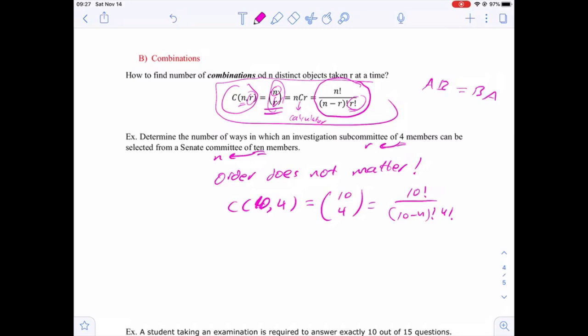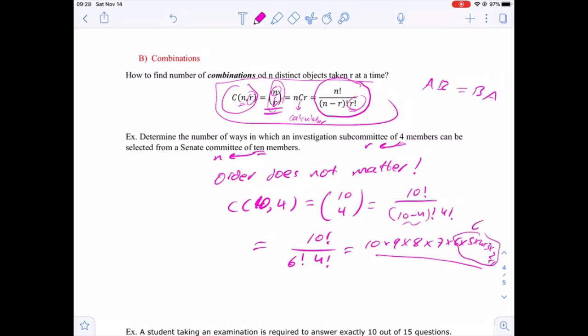That gives me 10 factorial over 6 factorial times 4 factorial. Let's simplify more. Actually, if you look at this, we can stop at 6 and write this as 6 factorial.